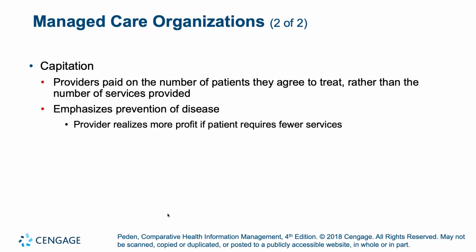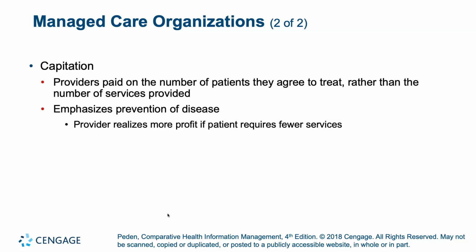And again, this is a little bit more about managed care organizations and capitation. And you'll hear more about capitation in HIT 292 for healthcare reimbursement. But it really emphasizes prevention of disease. And providers are paid based on the number of patients that they agree to treat, not on the number of services provided.